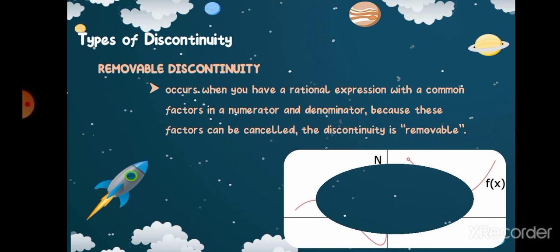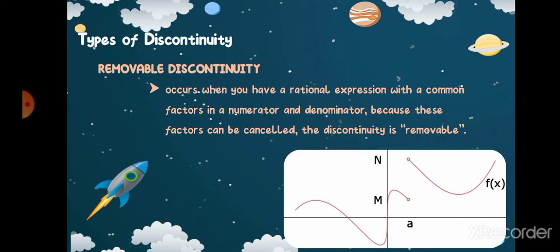As you can see in the graph, there are two graphs in one frame, and it is also called a removable discontinuity. We can say that this is a removable discontinuity because of the common factors in both the numerator and denominator of the function.